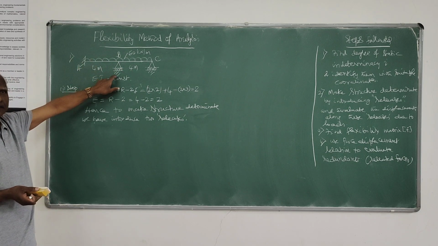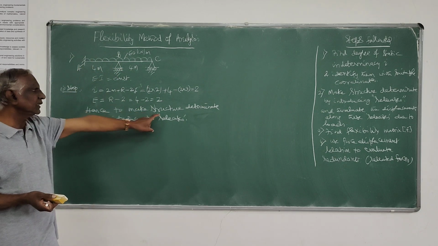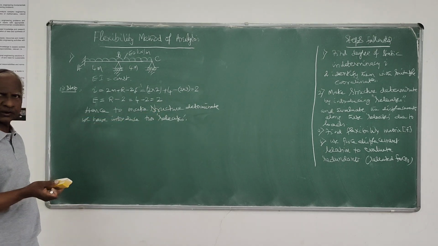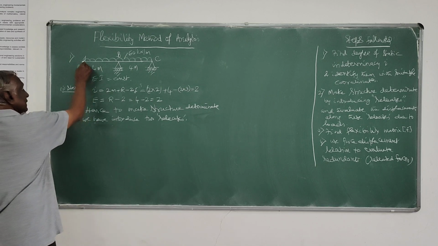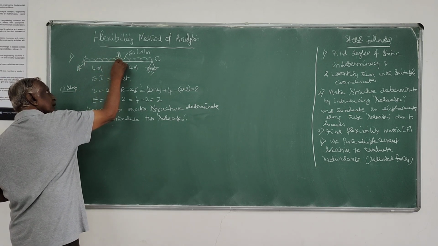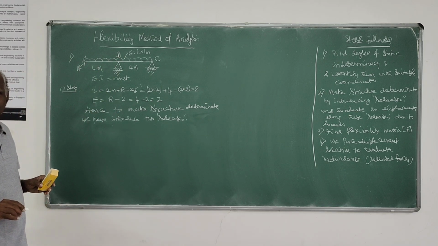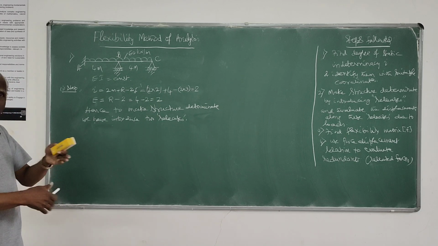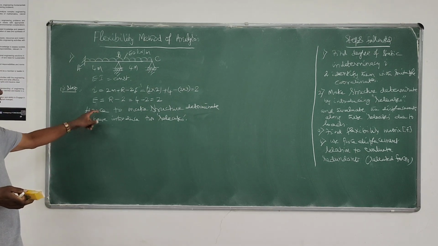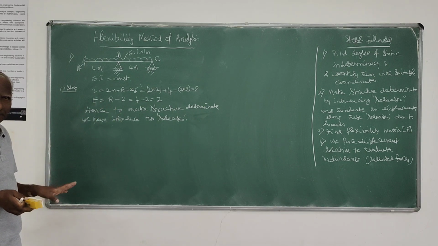So 2 reactions you can remove, thereby making the structure determinate. Or you can make this a hinge and introduce one internal hinge here and at B also. So that's also possible. Like this, there are various ways of making the structure determinate.